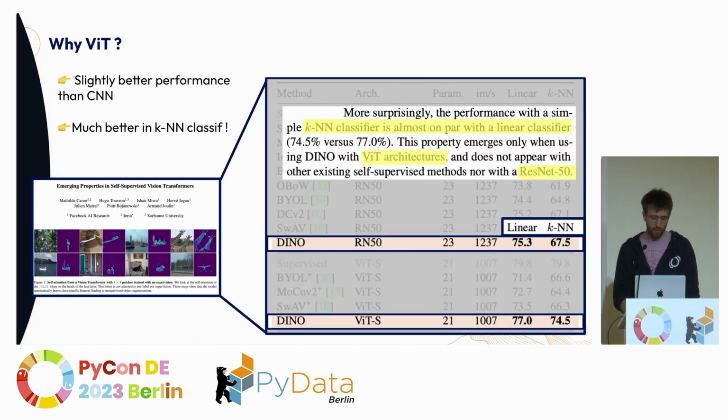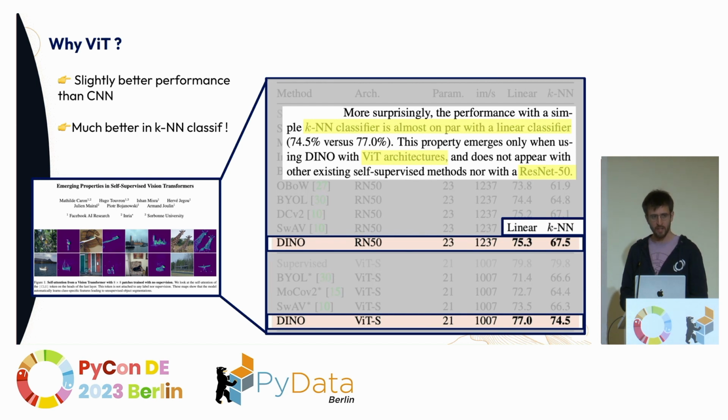Something really interesting in the DINO paper, and it was surprising to the authors themselves, is that when you use vision transformers, and only vision transformers, it does not work this way with convnets, the KNN performance came very close to the performance you get when you do fine-tuning.